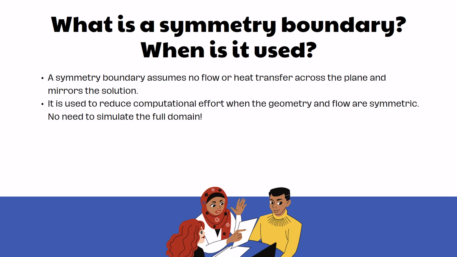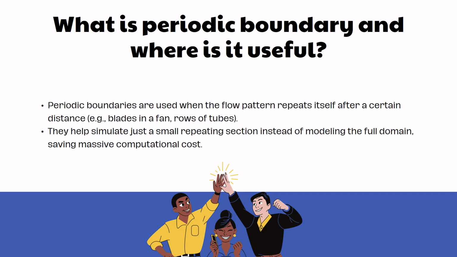You will be performing simulation for that half part only. And you will give the symmetry boundary condition to the wall where you have cut your object over which you are performing the CFD. So the CFD software will replicate those results in the other half which you have not used. So that's how symmetry boundary condition works.